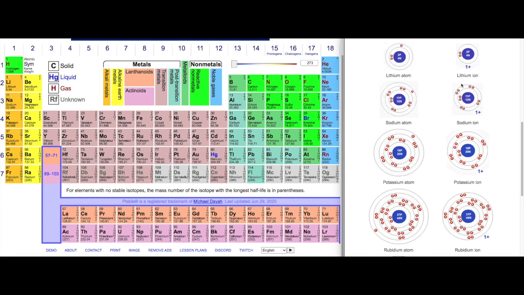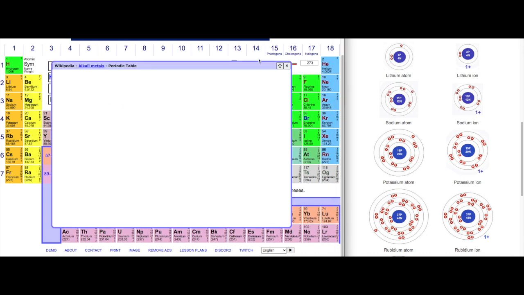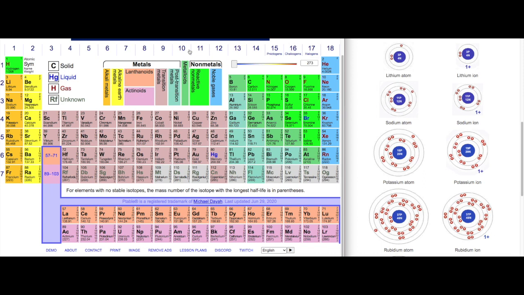So, okay, these are drawings similar to what we looked at in the previous video about electrons. The alkali metals all have one lone electron in their outermost shell, and that one electron makes them unstable.